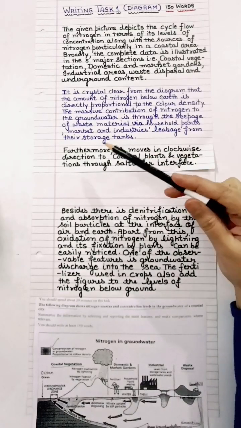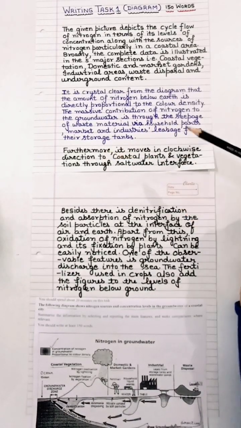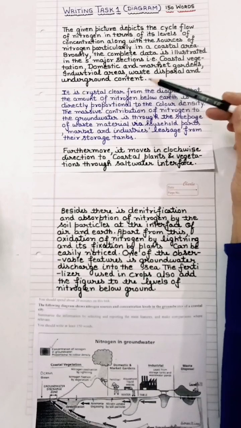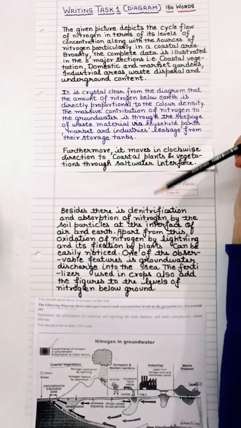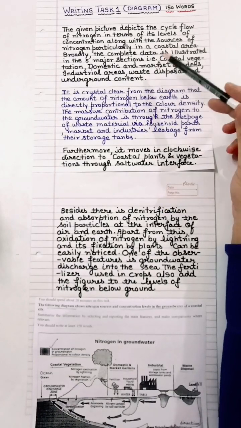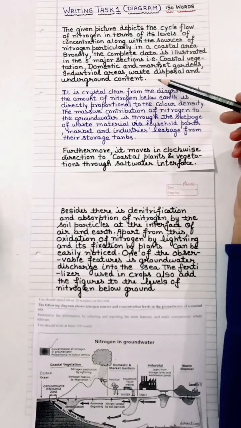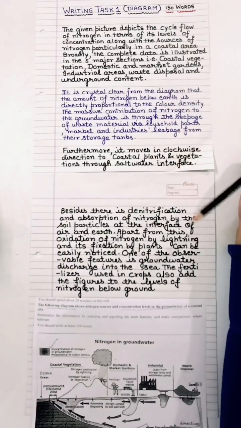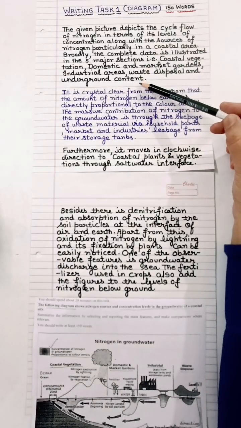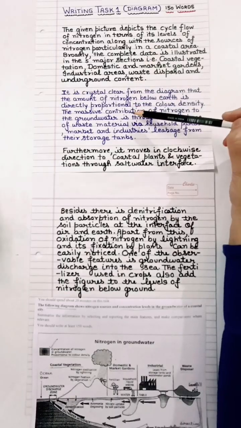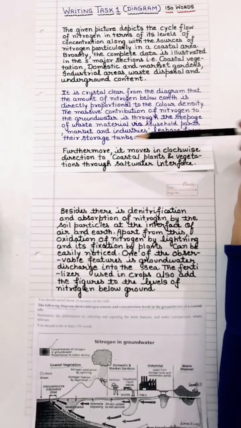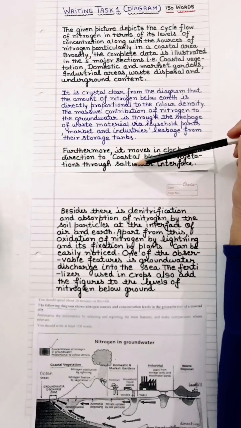Here it begins. Furthermore, now always leave one line between each two paragraphs, because the clarity matters a lot. Do not forget to leave one line. This is introduction, this is overview, then I left one line, then I started details.